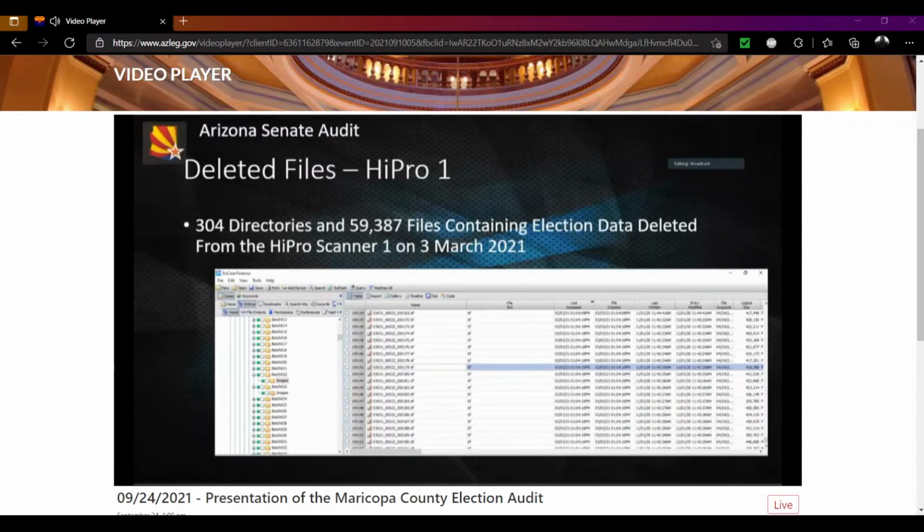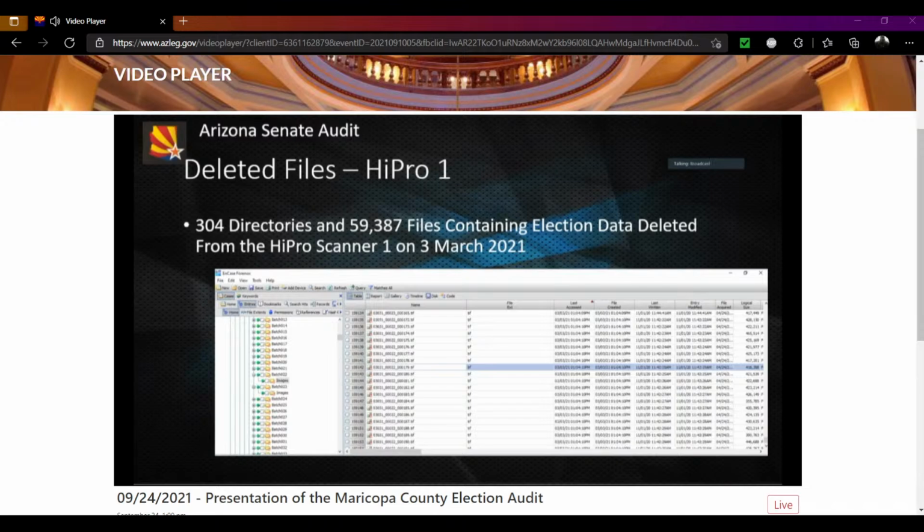Maricopa County also utilized what are known as high-pro scanners, and these are very high-capacity, very large scanners. We found that there were significant amounts of deleted files on 3 of those. On the high-pro 1, there were 304 directories containing 59,387 files of election data that were deleted from the high-pro scanner 1 on 3 March 2021.